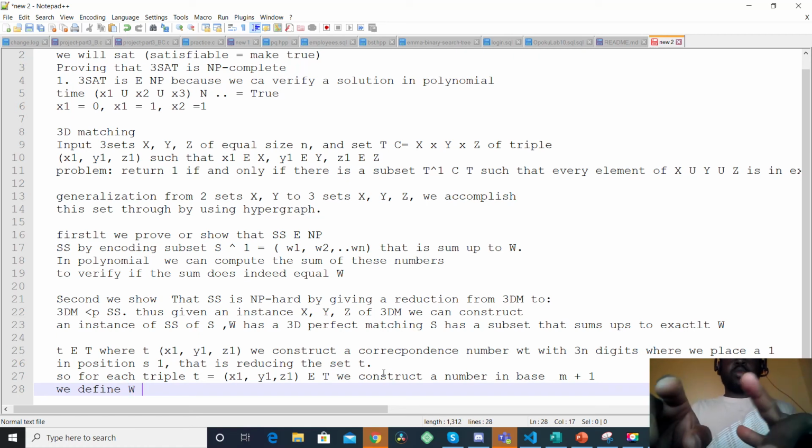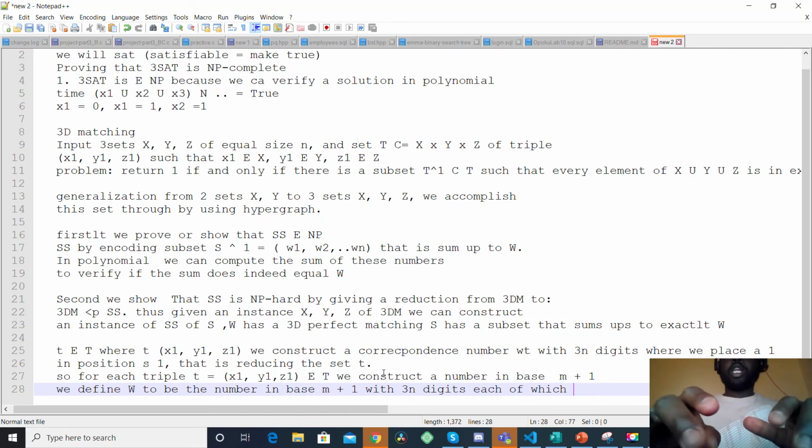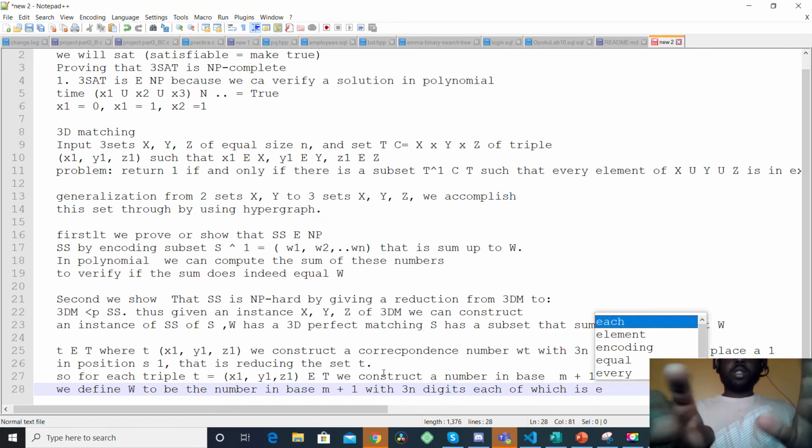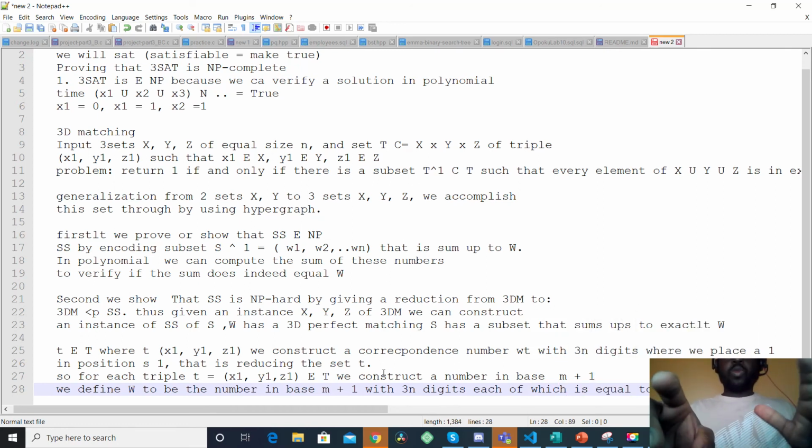We find W to be the number in base n plus 1 with 3n digits, each of which is equal to 1.